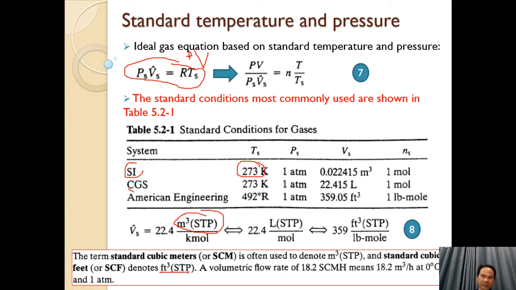For example, if the volumetric flow rate equals 18.2 SCMH, that means standard cubic meters per hour at 0 degrees Celsius and 1 atm. Please note that the standard temperature and pressure are 1 atm and 0 degrees Celsius.